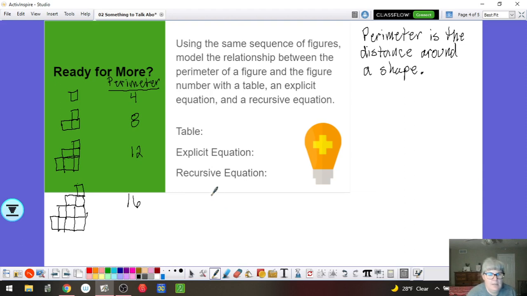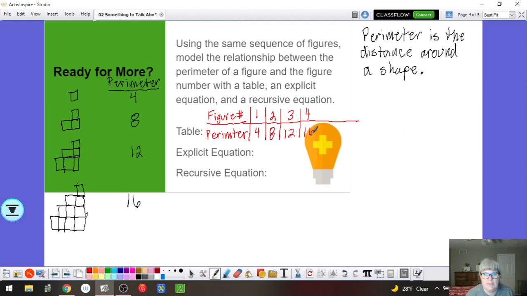So let's take those numbers and create a table. My top row is going to be the figure number. My bottom row is going to be perimeter. So figure 1 has a perimeter of 4, figure 2 has 8, figure 3 has 12, figure 4 has 16.